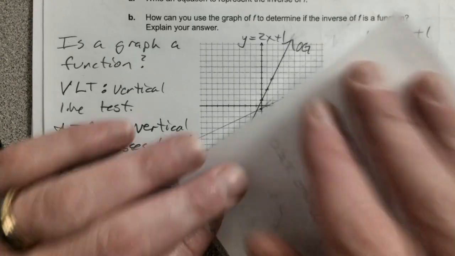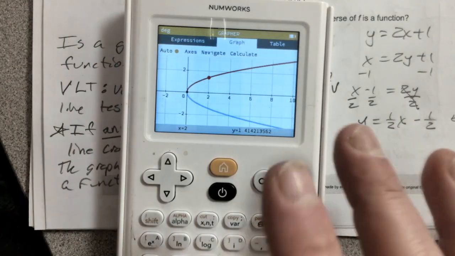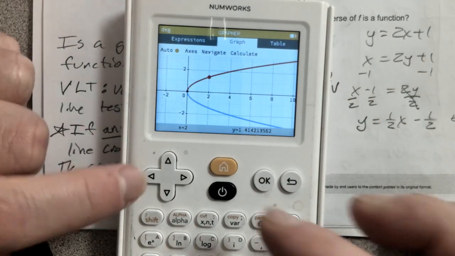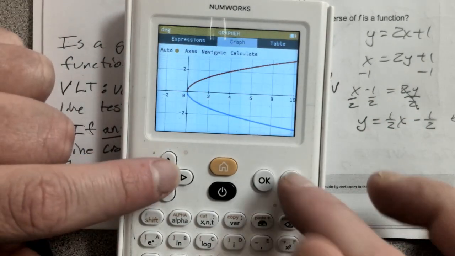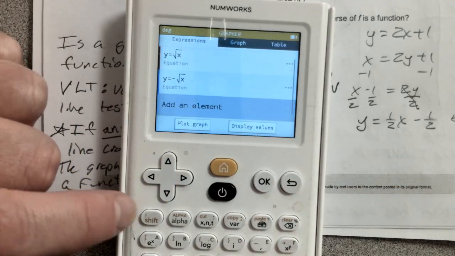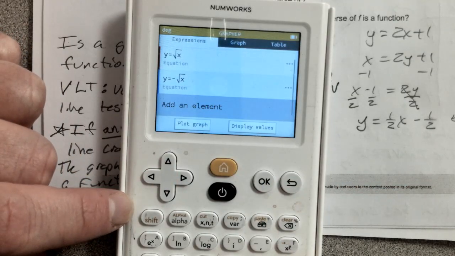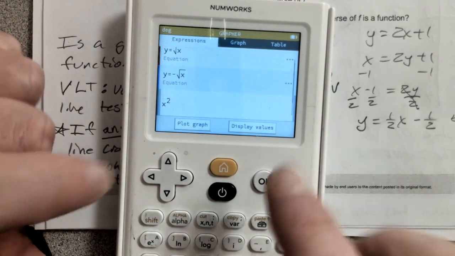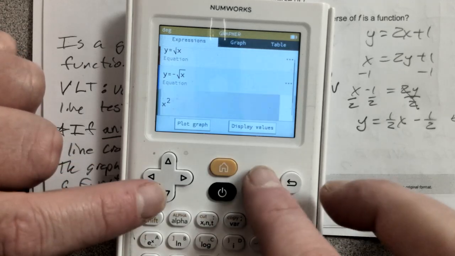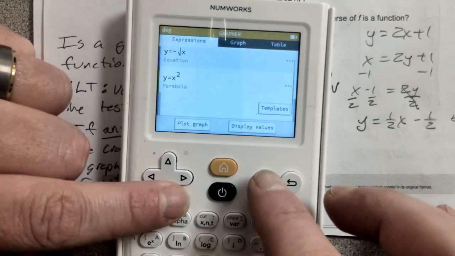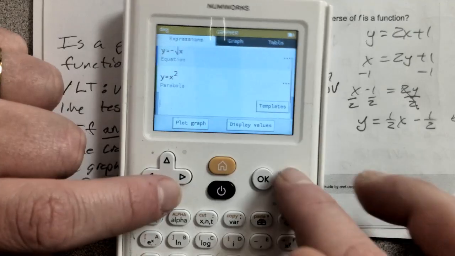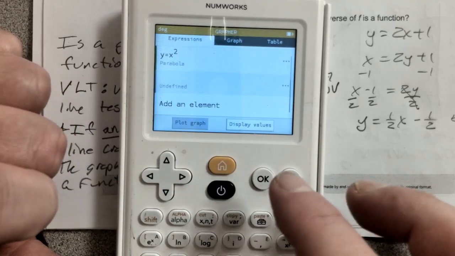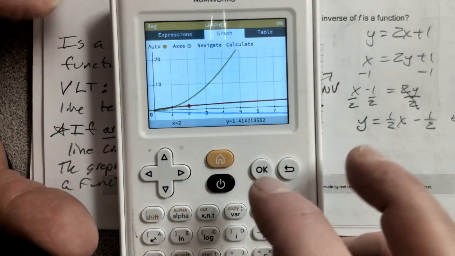Okay, so let's take a look at the last one that we did. We had this guy. What if we did y equals x squared? I just want to plot that thing.